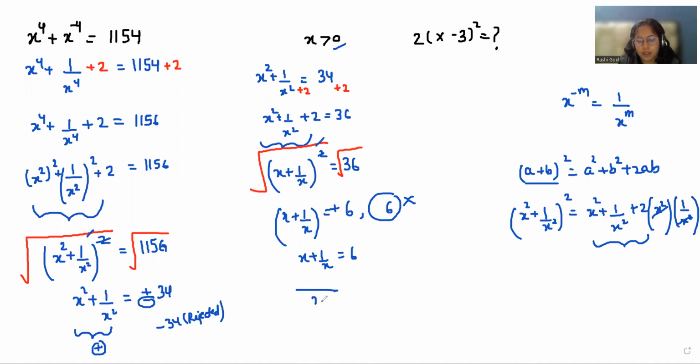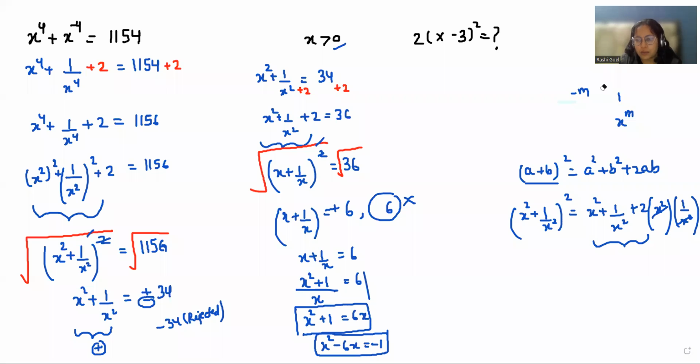Now if I take the LCM x, here is x^2 + 1 over x equals 6. So the value of x^2 + 1 is equal to 6x, and the value of x^2 - 6x is equal to minus 1.